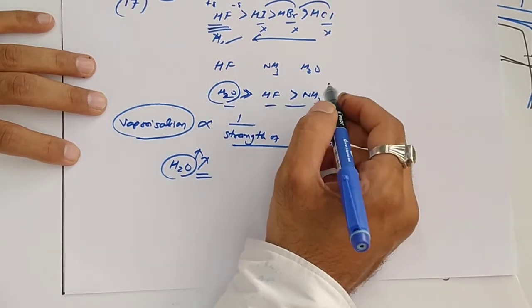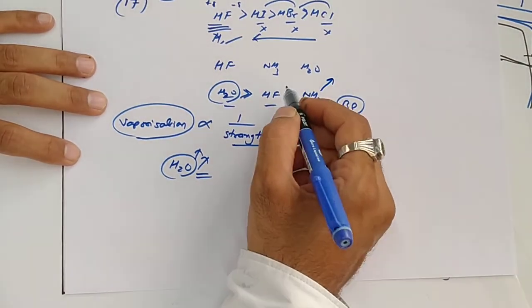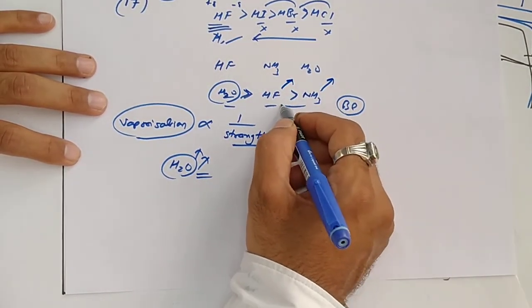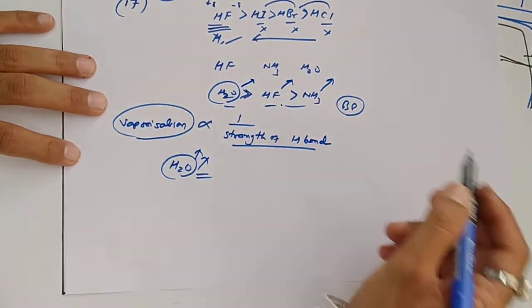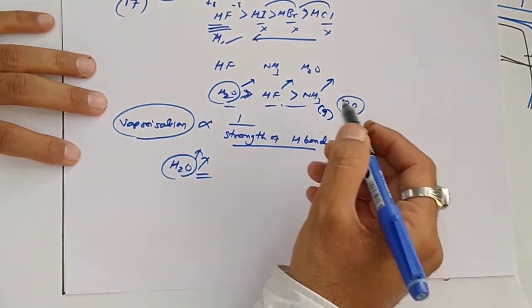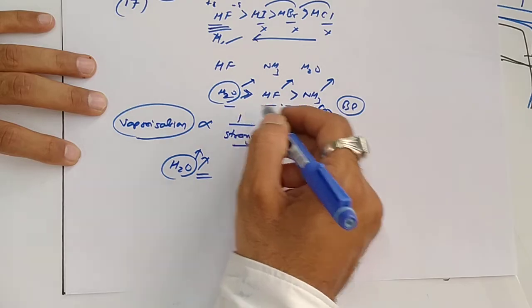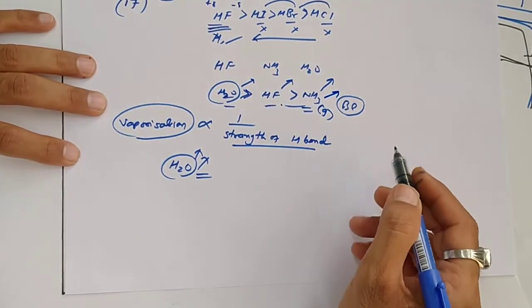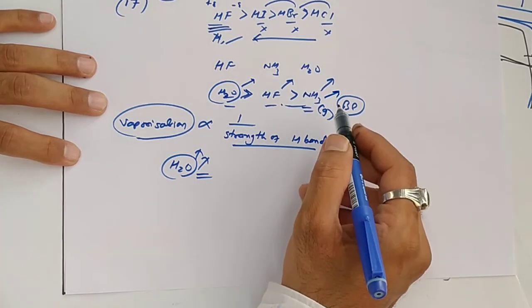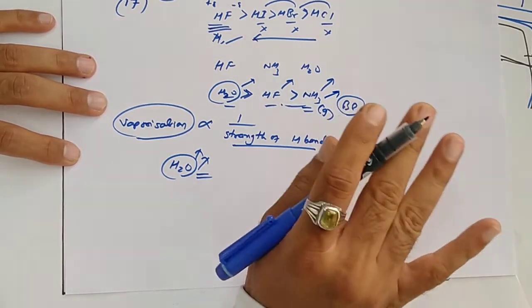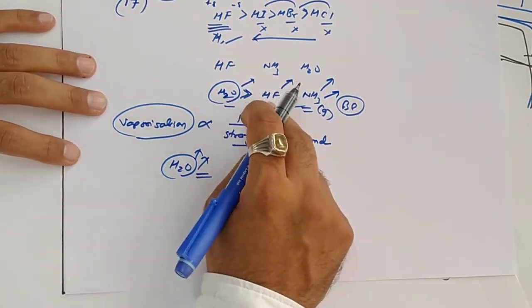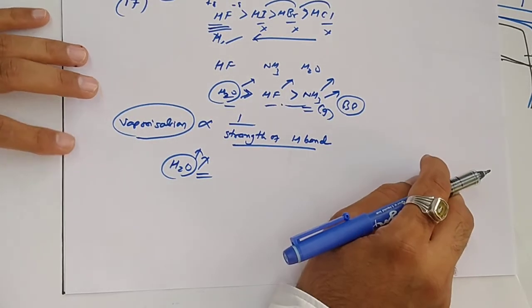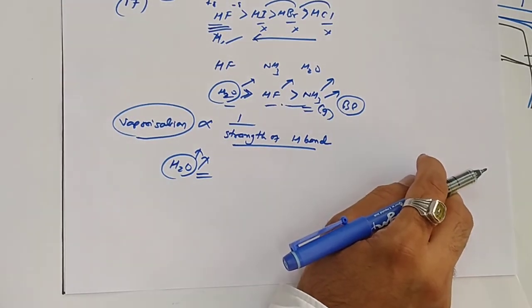So out of 3, which one is more vaporized? Ammonia, then less HF, then less water. Ammonia easily vaporizes because, although in all 3 there is hydrogen bond, the boiling point of ammonia is lower. So it means hydrogen bonding is slightly weaker than in both others, so it easily evaporates.